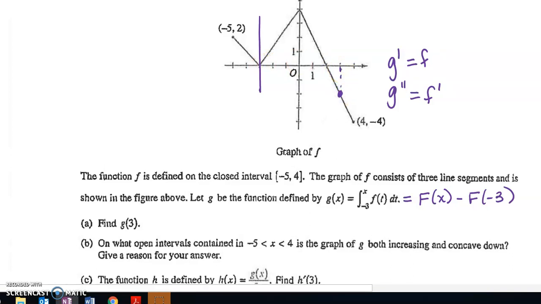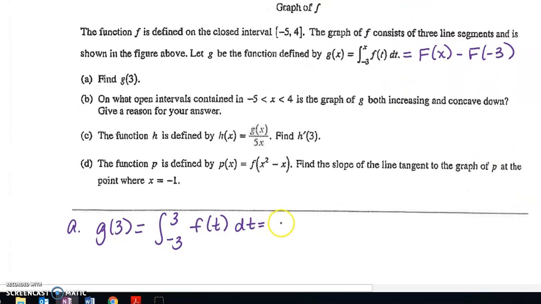So I see 3 triangular regions, or you could consider it to be 2. Take a second and come up with what those areas will be. So I get the areas to be 6, 4, and 1, but because the integral is the net change in area, you've got positive area and negative area, so that makes 9 for our answer.